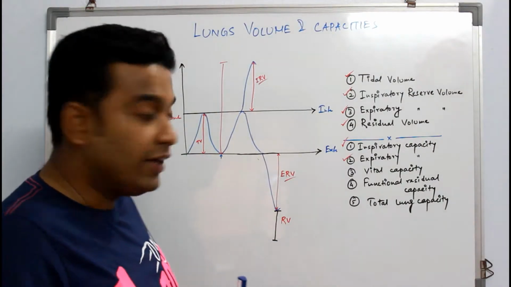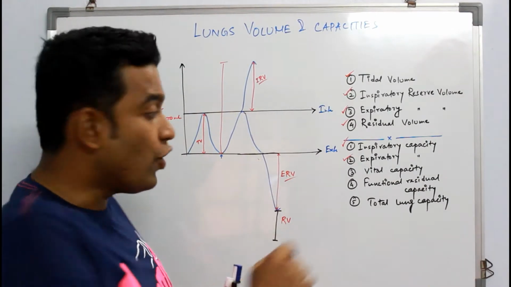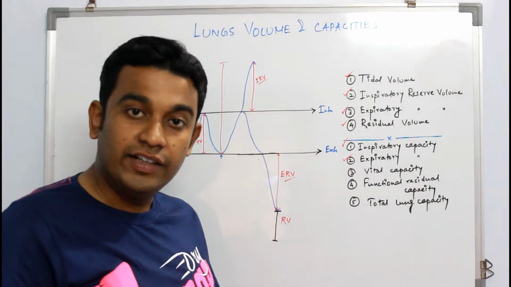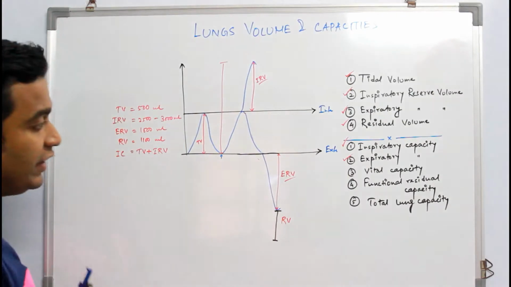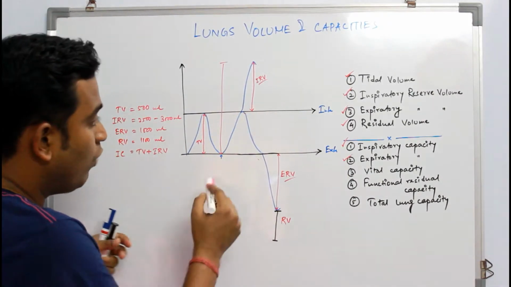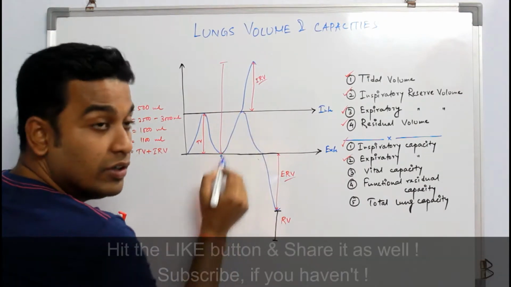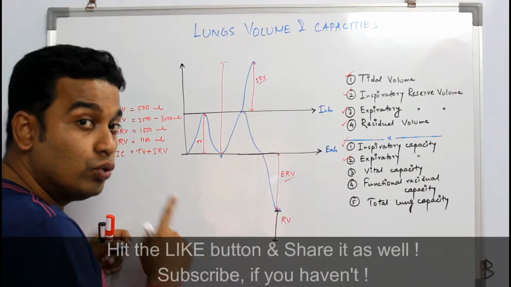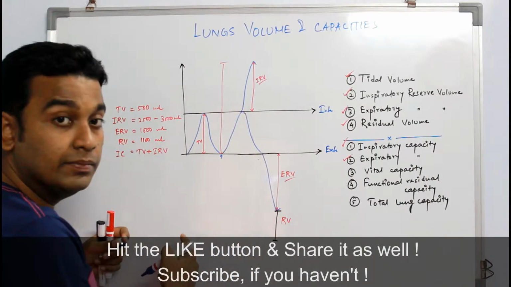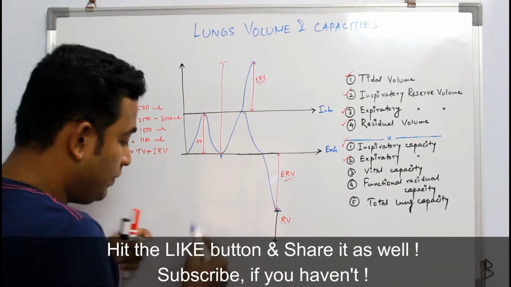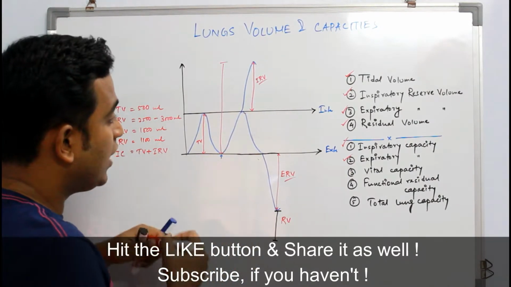Now same like IC, let's talk about the expiratory capacity. Now understand, in this case, once you have completed the normal inhalation, now I have told you to do the maximum exhalation. That means first you will be covering, so let me use another color.